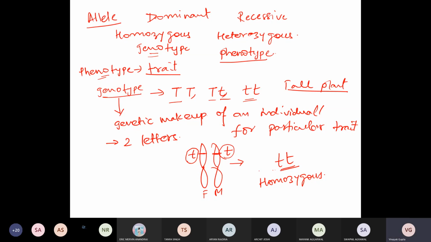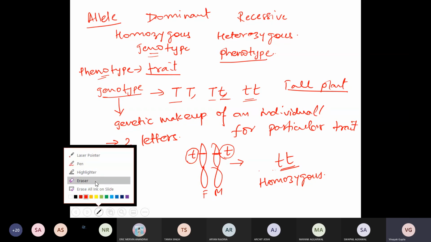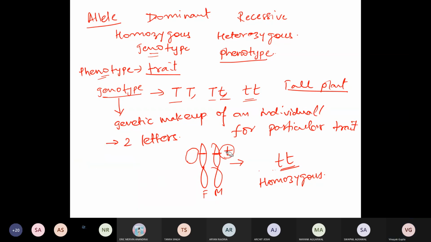Another case is that from the father you have the capital T allele, and from the mother you have the small t allele. So your genotype is capital T, small t. This particular condition is called heterozygous condition.